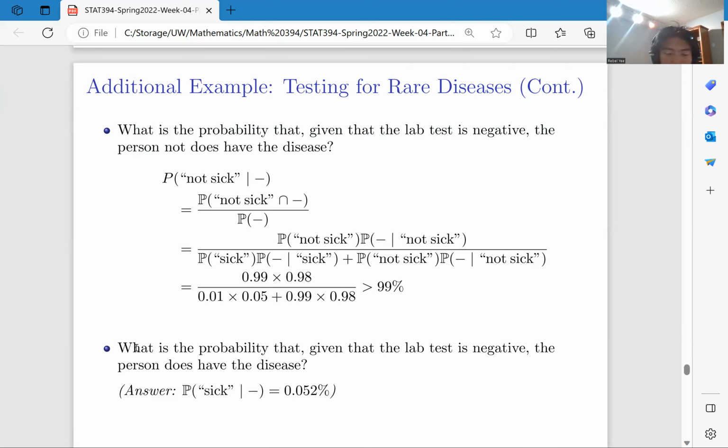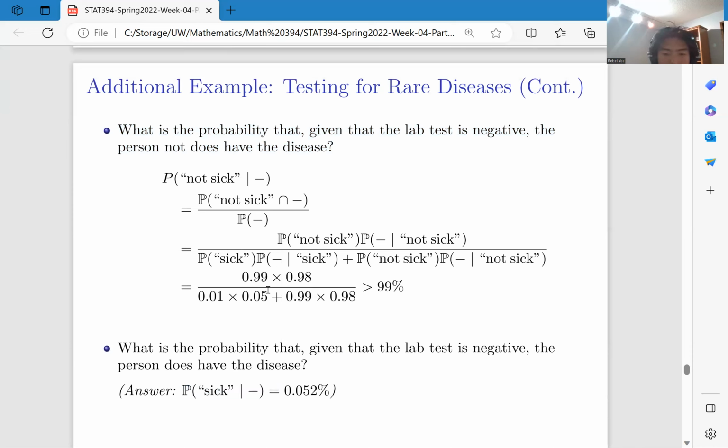And if we want to ask what's the probability that, given the test is negative, the person has the disease, these two questions are complements of each other. So we can just use 1 minus this probability to figure out this one.